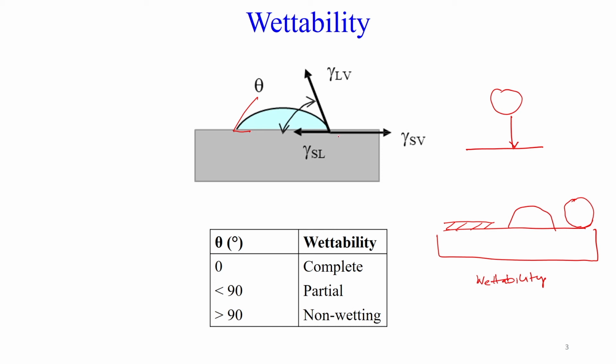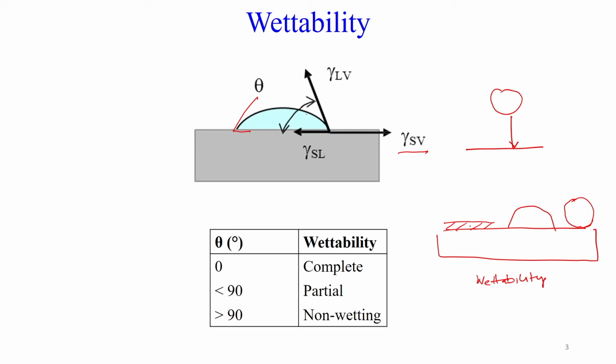The first is the solid vapor interface, the second is the liquid vapor interface, and the third is the solid liquid interface. So, here we are dealing with three interfaces, and it depends on the value of theta, the contact angle.